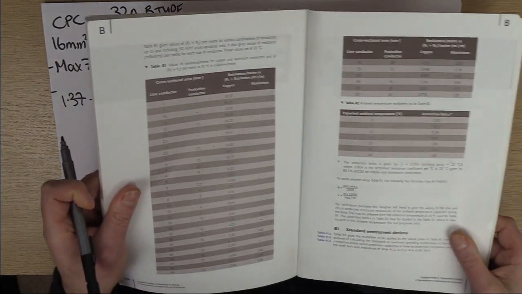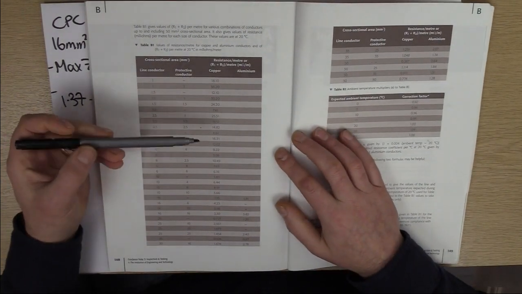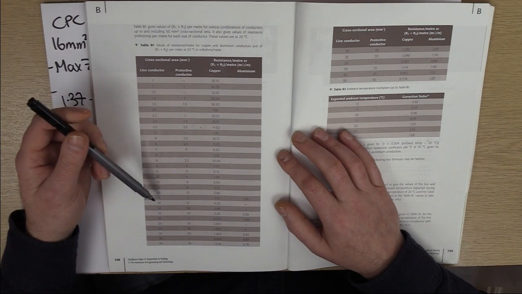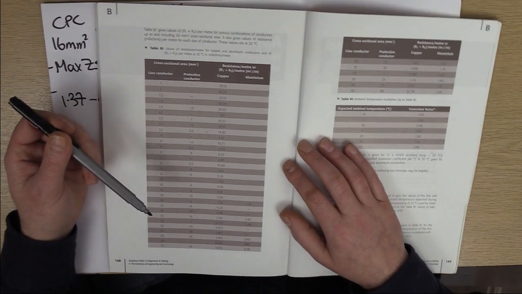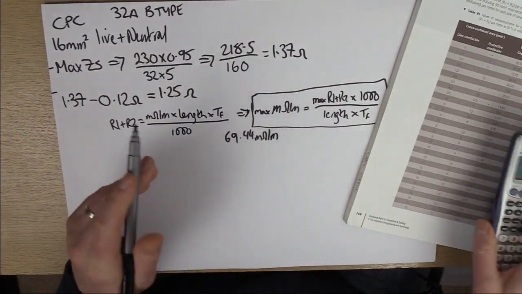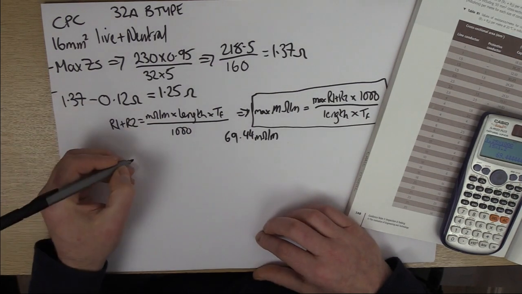Any of them really, isn't it? So let's just try one, shall I? Let's go with the 1 mil.